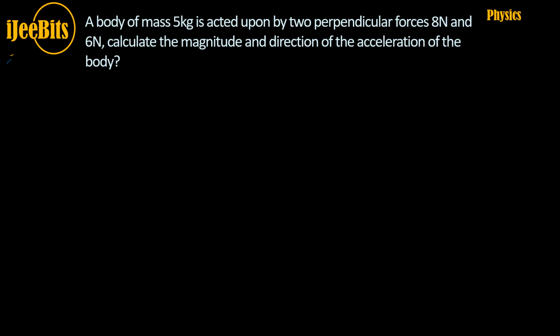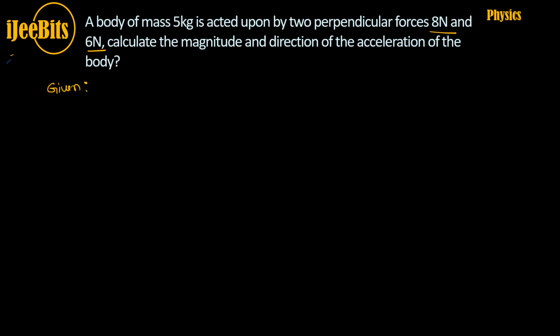Let's look at this problem. A body of mass 5 kg is acted upon by two perpendicular forces, 8 Newton and 6 Newton. So what is given? Two forces are given, and they are perpendicular.